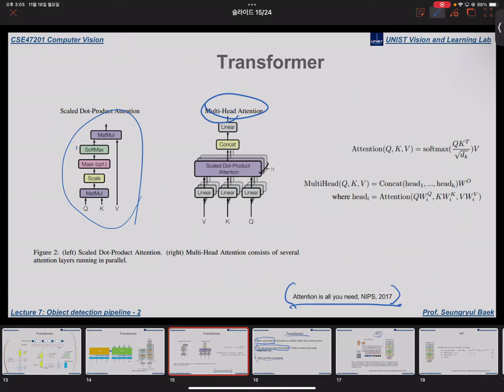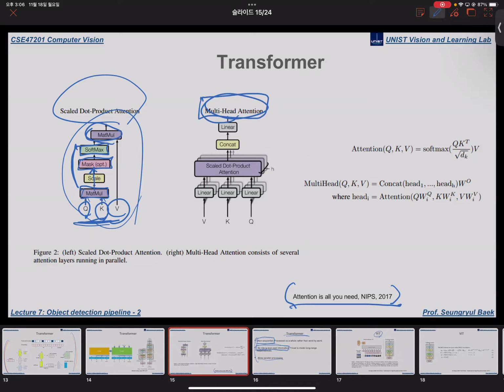So this is key and query, and you are applying a dot product and scaling, and optionally we can also apply a mask and apply the softmax. This is calculating the similarity between two inputs, and then you will multiply it with the value feature. This is the attention mechanism in general.